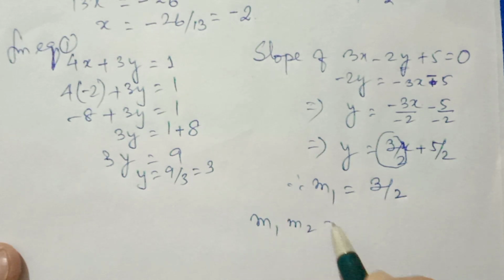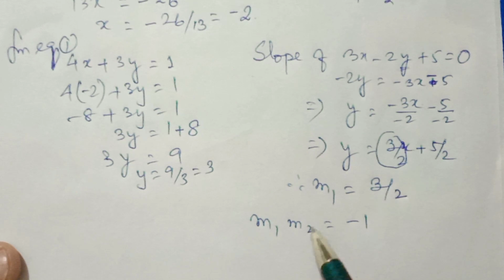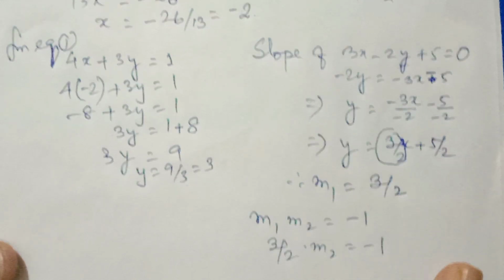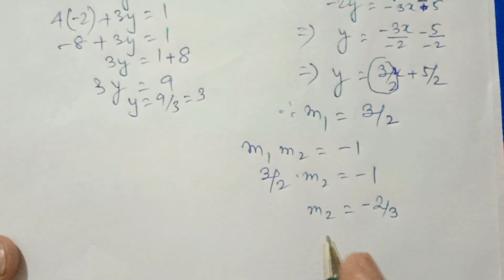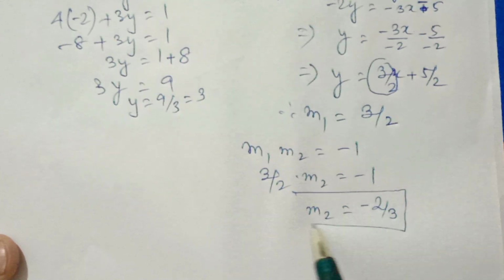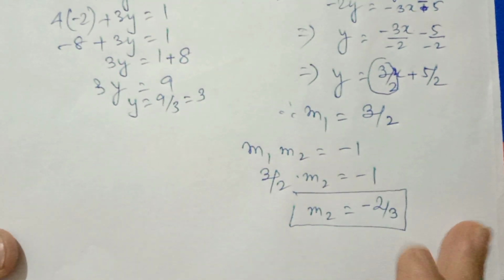Then m1 times m2 equals -1 because the lines are perpendicular. So m1 is 3/2, m2 is -1 divided by that, so m2 will be equal to -2/3. So now we have the values for the equation.